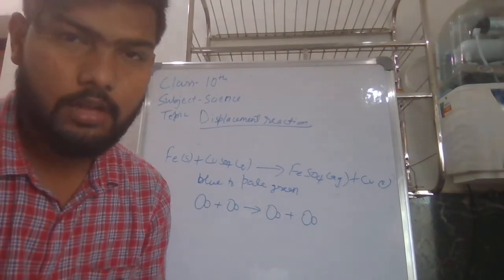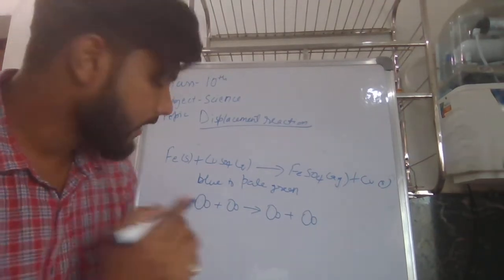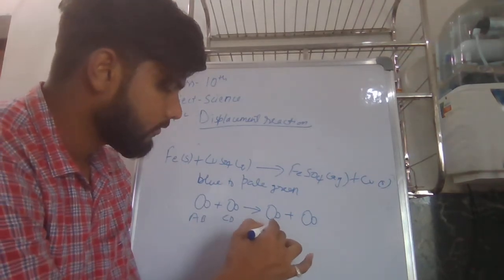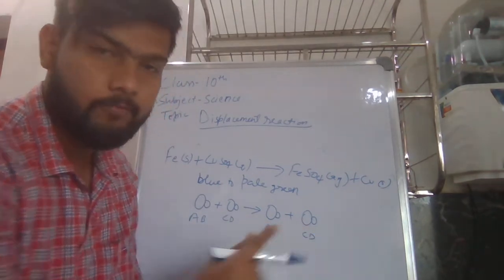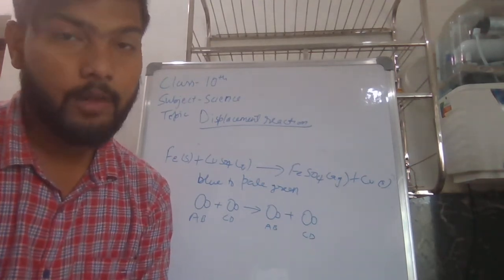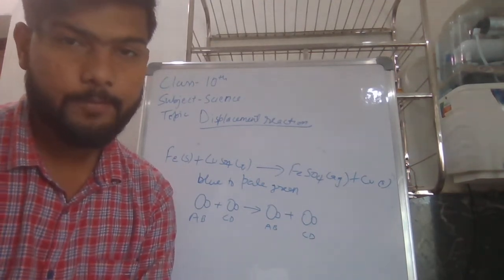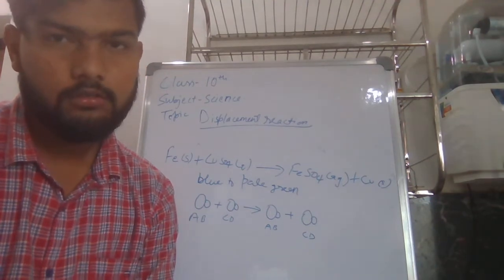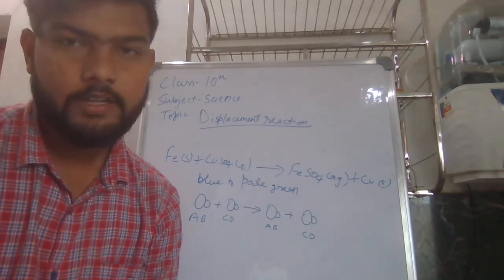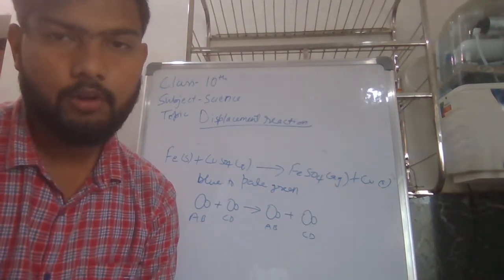I will name this: this will be AB and this will be CD. Now you have to share your opinion by watching this image. So very good. Here we can see there is one activity, activity 1.10.